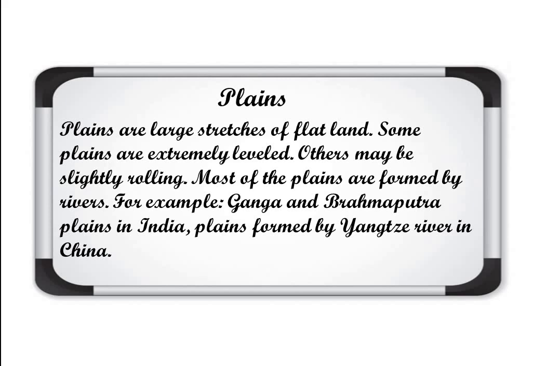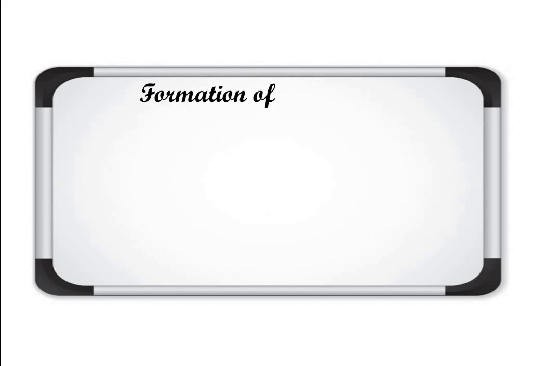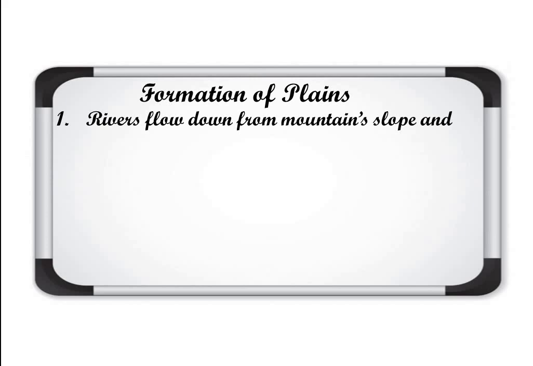So that's why we say that most of the plains are formed by the rivers. So this is all about the plains, how they are formed and how we define them with their examples. Now the formation of plains, as I told you: rivers flow down from the mountain slopes and erode them.